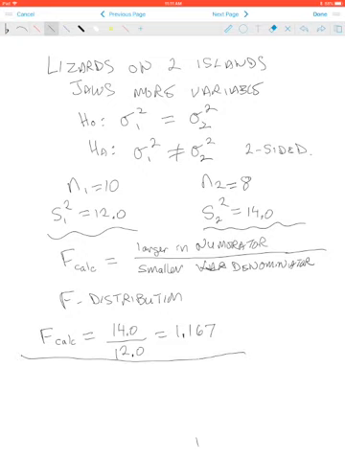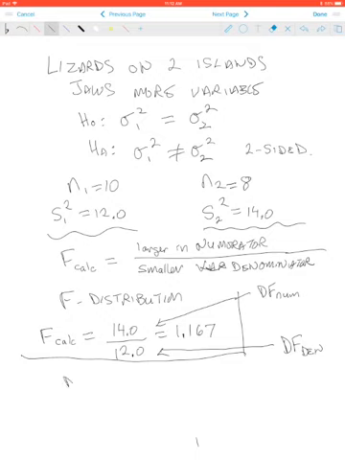So now we need to look up the critical values of the F distribution. And to do that, we need degrees of freedom. It turns out for an F test, there are two sets of degrees of freedom: the degrees of freedom associated with the numerator, I'll just call df num, and the degrees of freedom associated with the denominator, df denominator. And the degrees of freedom are easy to calculate.